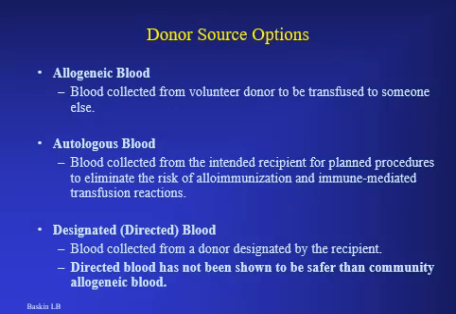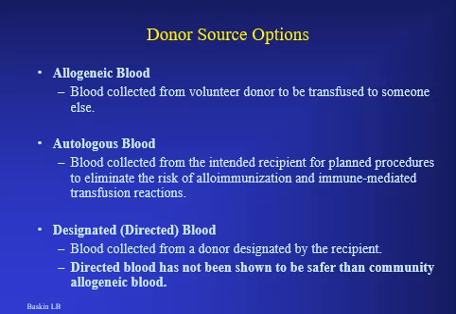Now, the current sources of blood by donor status include regular volunteer donors, that's considered allogeneic blood, donation by an individual before planned procedures, that's considered autologous blood, and then designated directed donations by the patient's family, and this has been shown not to be safer, in fact, not as safe in reality than community allogeneic blood.